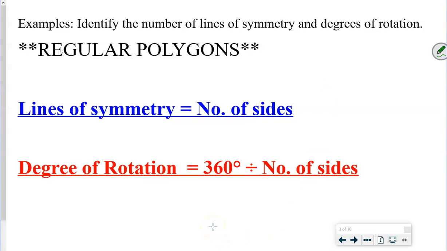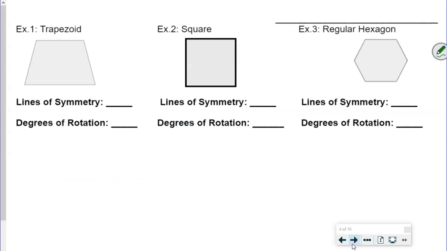And with a regular polygon, the degree of rotation is equal to 360 degrees divided by the number of sides. Now I'm going to show you one of these first, right here on the right with this regular hexagon. This is a regular hexagon, right? That's a regular square because all sides are congruent. So for both of these, when we rotate them, we're going to do 360 divided by the number of sides, okay, because these are regular shapes.